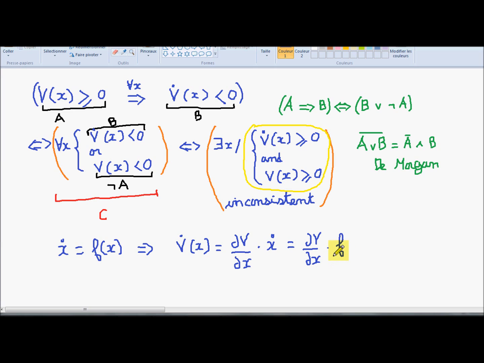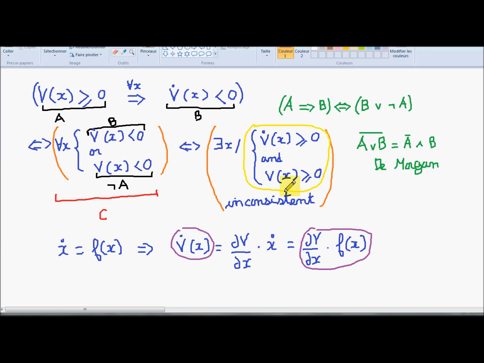So I have an analytical expression for v dot. Thus, I have to prove that the system of nonlinear inequalities has no solution, and this can easily and efficiently be performed using interval analysis.